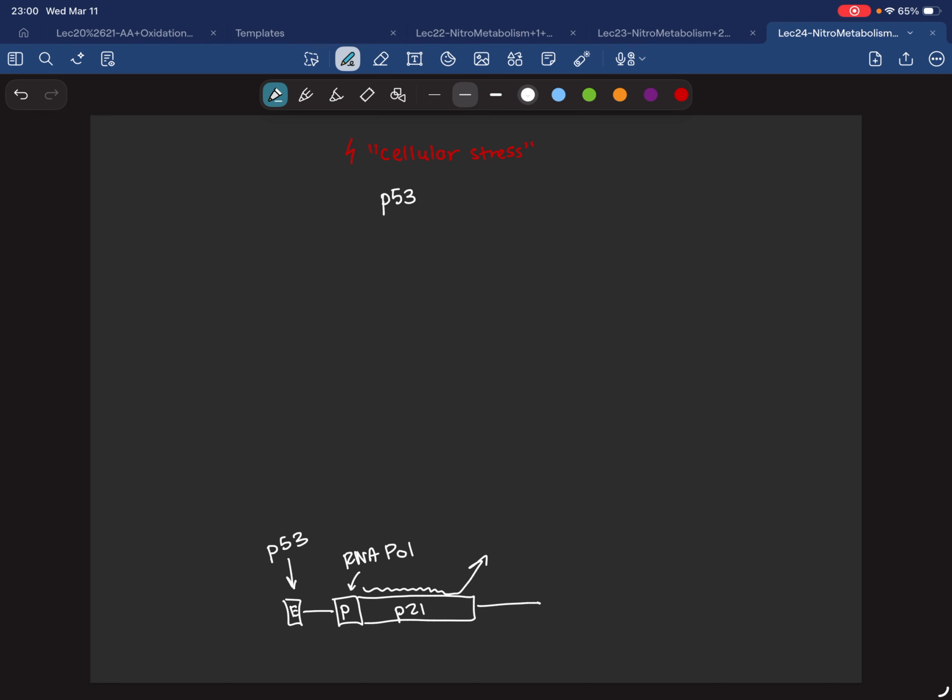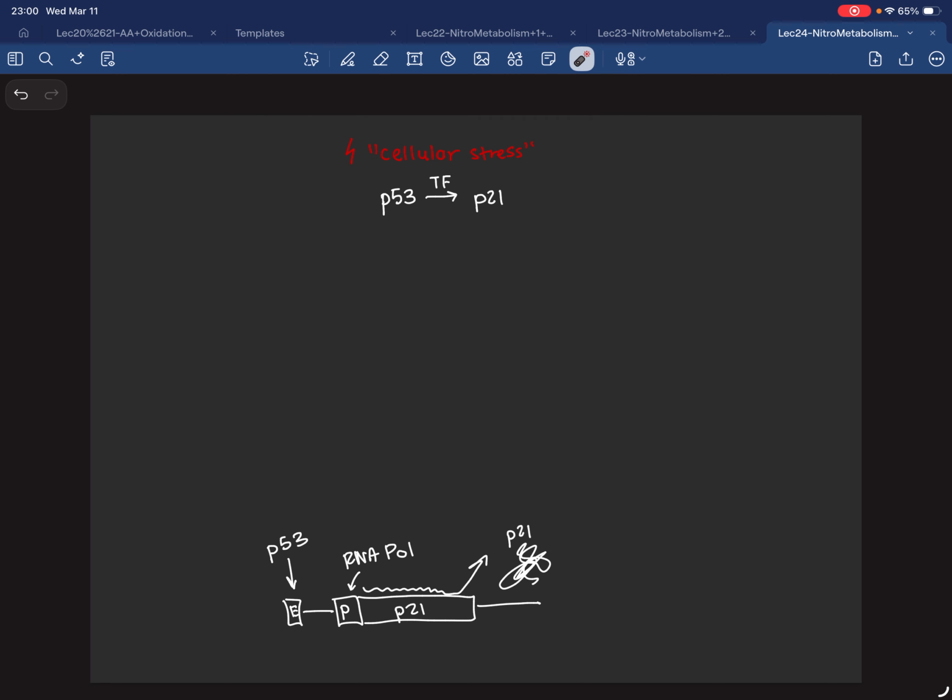In this case, this gene is p21, the protein. So by being the transcription factor for the p21 gene, p53 is responsible for making p21.